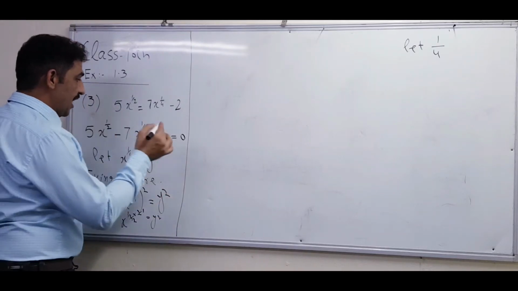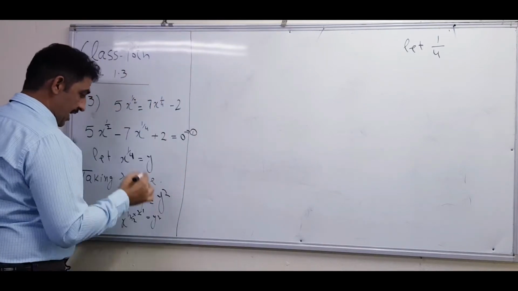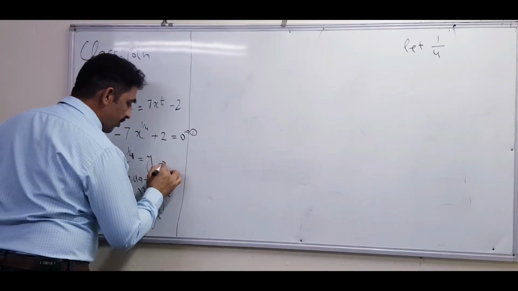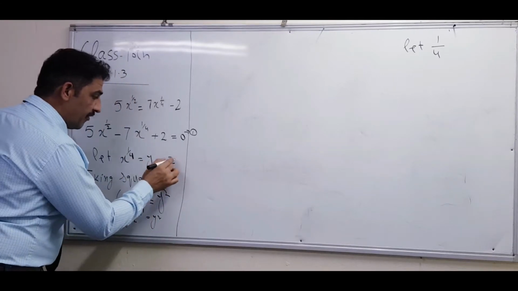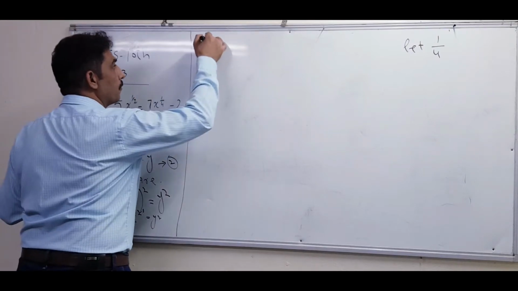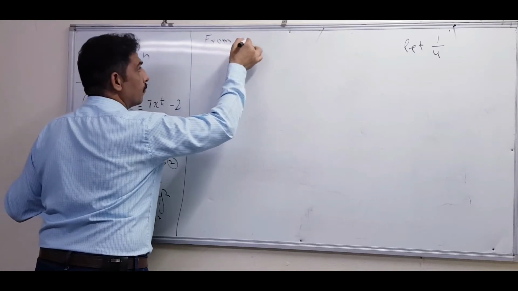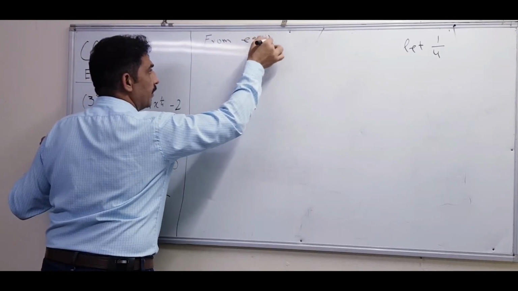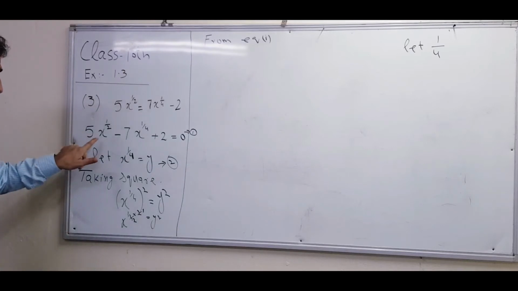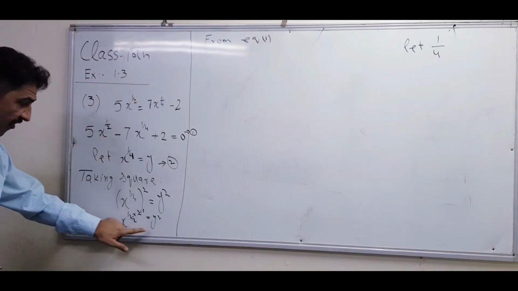If we assume this is equation number 1, and this one is equation number 2, because after that we have to use this value. So from equation 1, x exponent 1 over 2 is equal to y square.